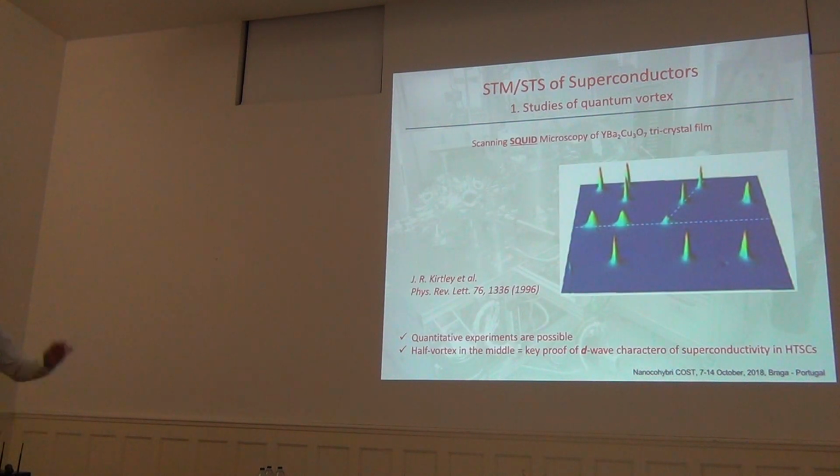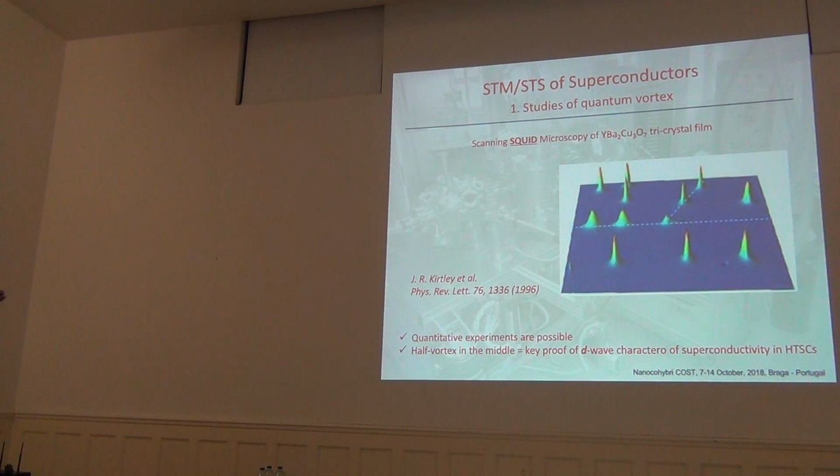Okay, so a key experiment that supplied a proof of the D-wave character of superconductivity in HTC was provided by Kirtley in this famous 3-crystal experiment, in which Hélène Raffy from Orsay provided a sample made of a YBCO film with 3 distinct orientations.